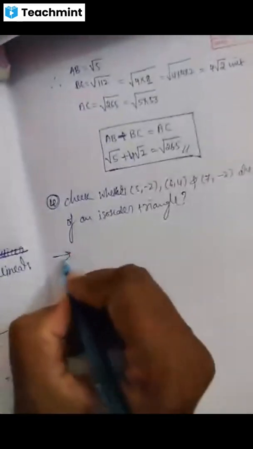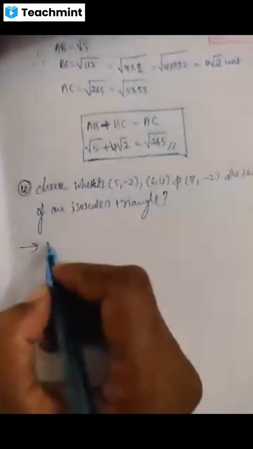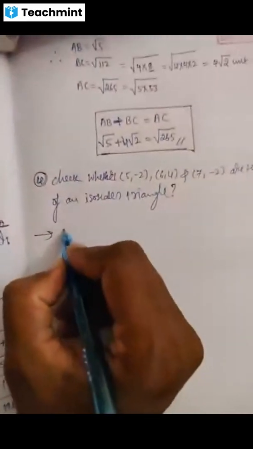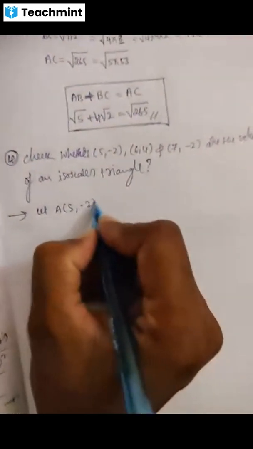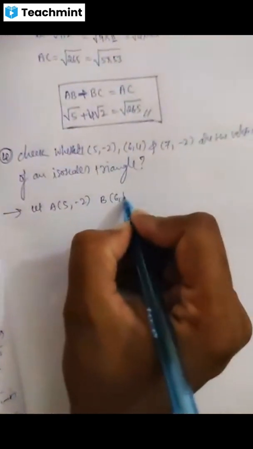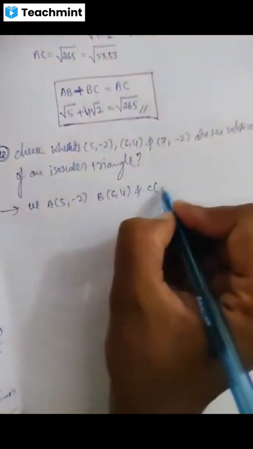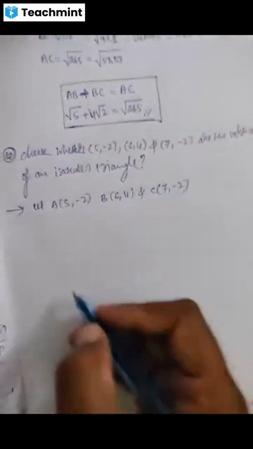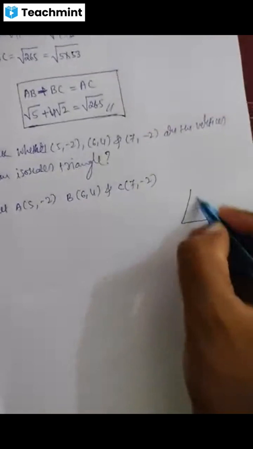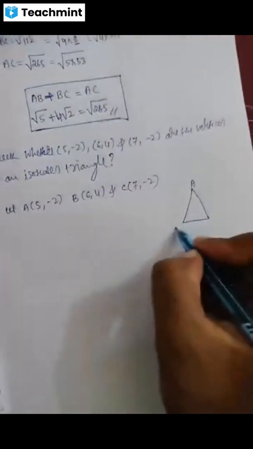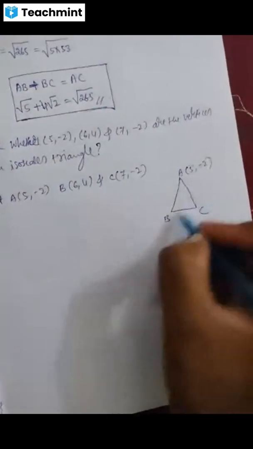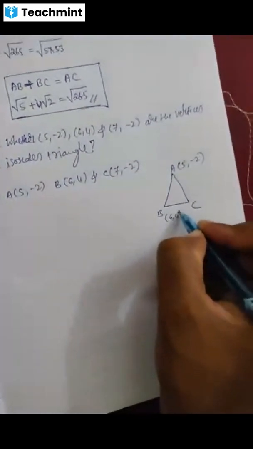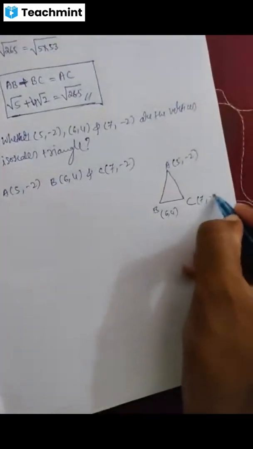They are asking whether these are the vertices of an isosceles triangle. So let A be 5 2, B 6 4 and C 7 minus 2.